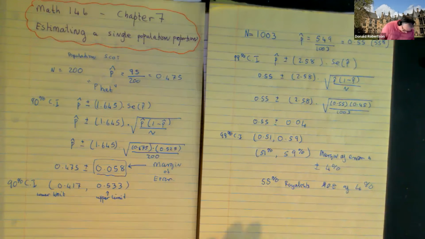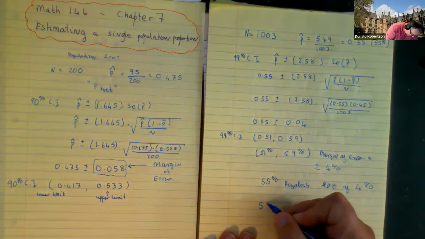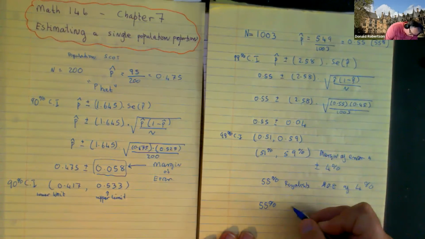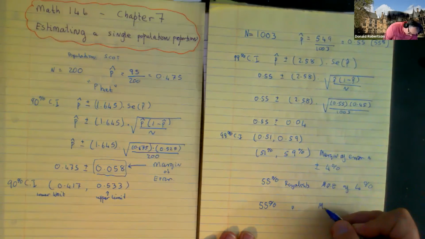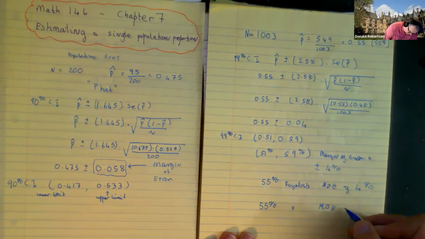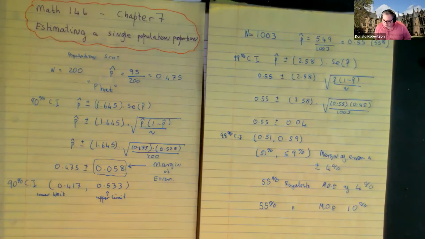Now, if I had said to you, 55% are going to vote Royalist, and the margin of error was 10%. If you don't know how to interpret this, aren't you still going to think the Royalist is guaranteed to win?